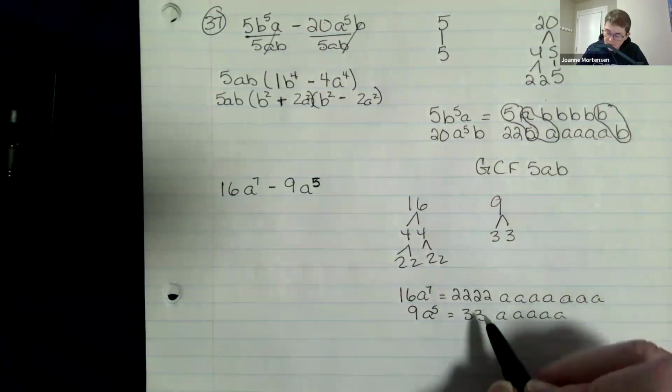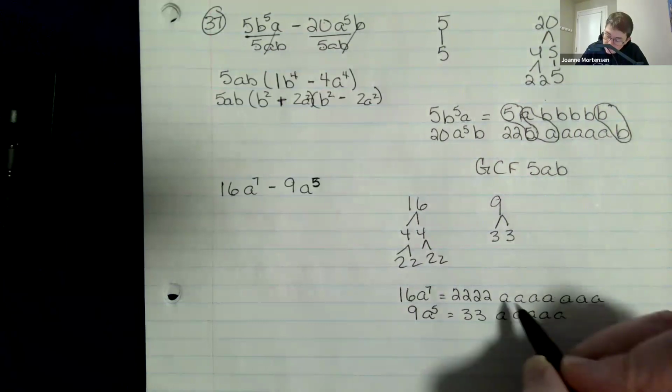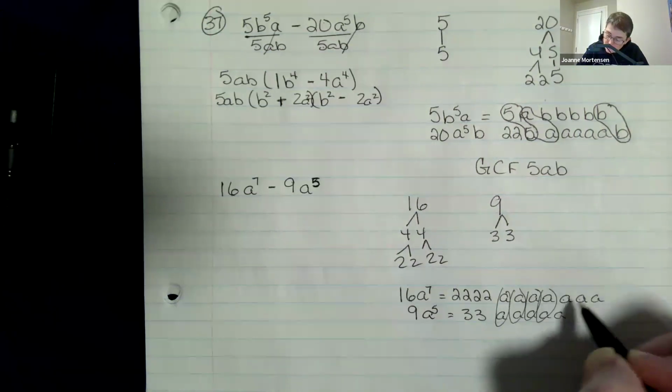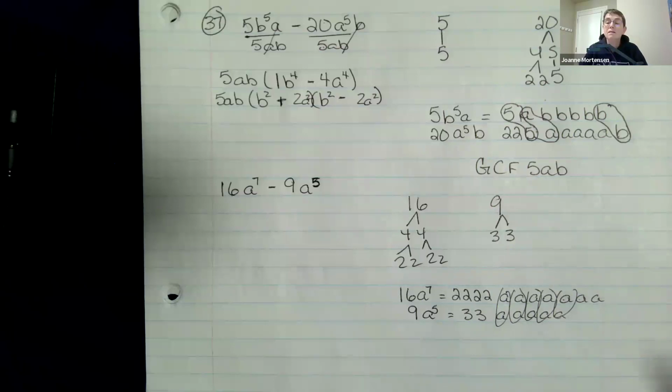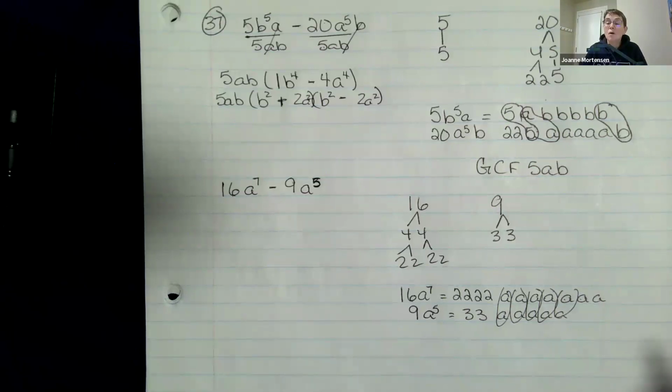Okay, so there are no numbers that are common. 1, 2, 3, 4, 5. Aha, 5 A's. I think at one point I probably mentioned to you, if you're just dealing with variables, the greatest common factor is always the lowest exponent.